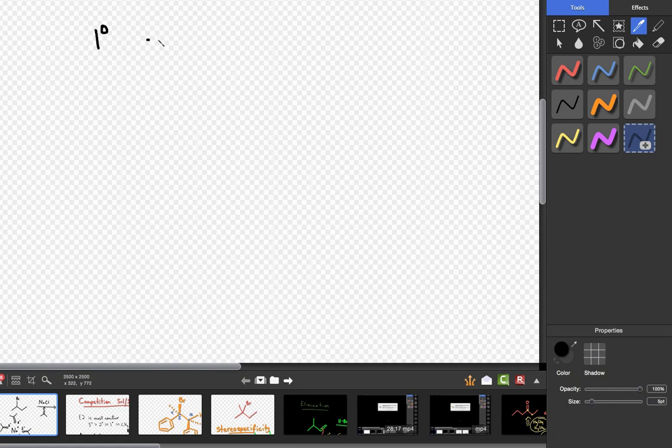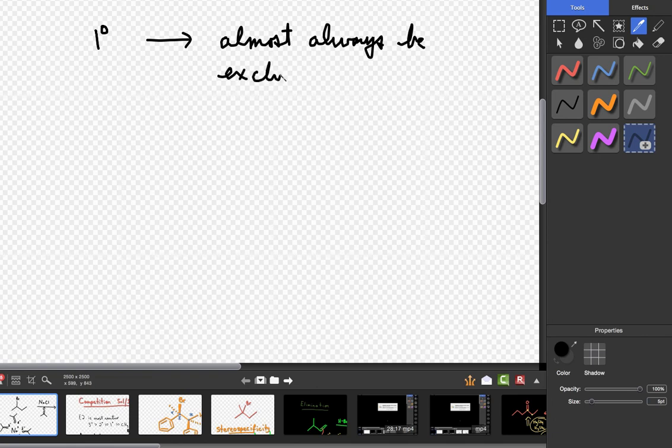Primary substrates will almost always be exclusively Sn2. The only way I can make this E2 is if I have a really big, bulky base.